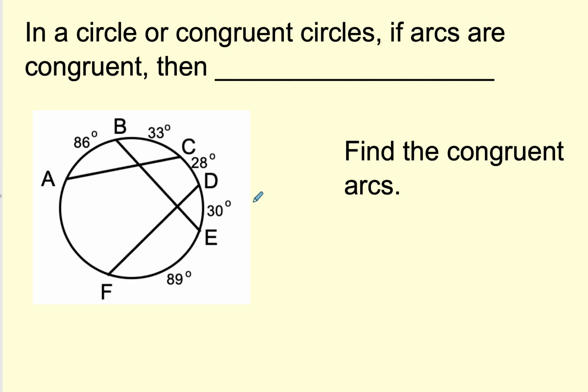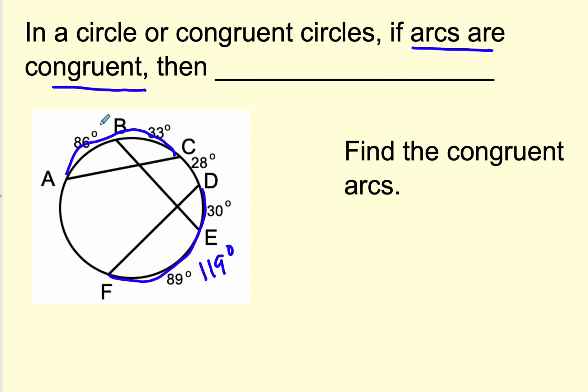Let's take a look at this. We are looking for some arcs that are congruent. Well, this arc right here is 119 degrees. And this arc right here is also 119 degrees.